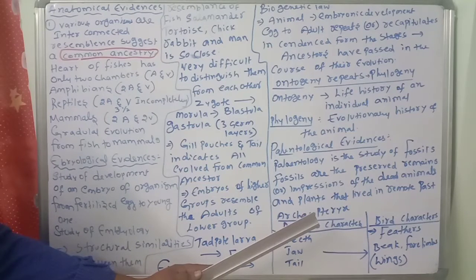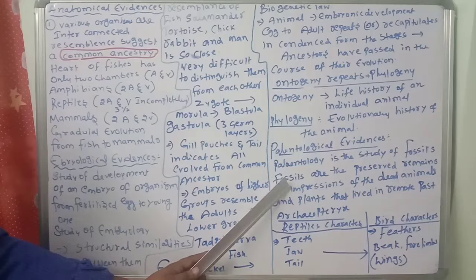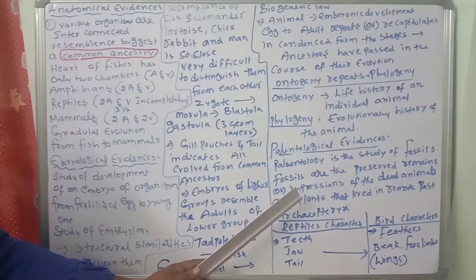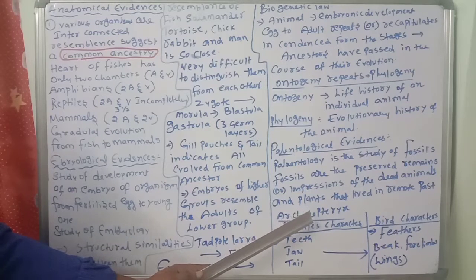Fossil records have helped us to know about extinct organisms, the dinosaurs. Some fossils provide a link between two groups.